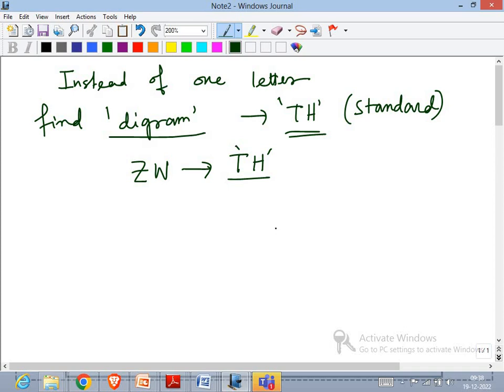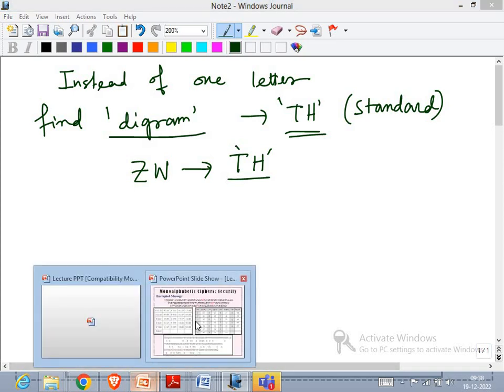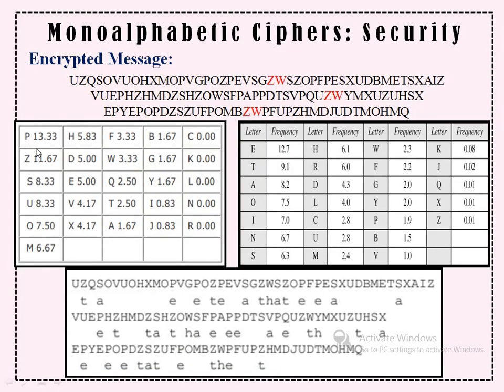So if this is the case, in the first step, what had you assumed Z to be? Z was 11.67 at the very first step when we were taking single digit. Z was mapped to T, was it not?